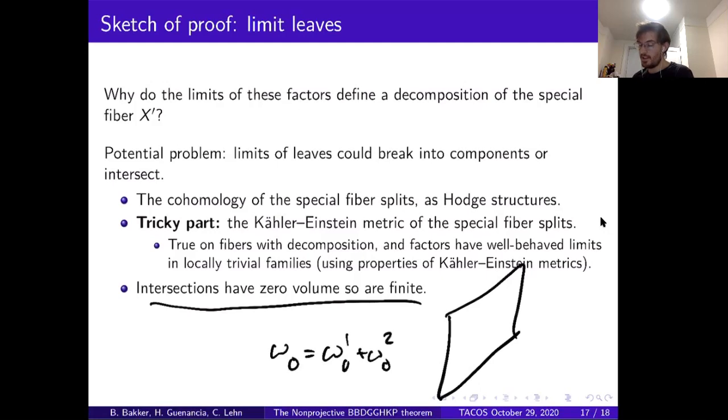If I look at a limit leaf in one direction, F, and the limit leaf in the other direction, let's call it G, well, the volume of F with respect to omega 2 is 0.